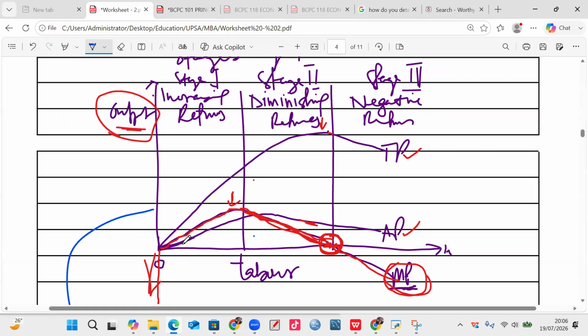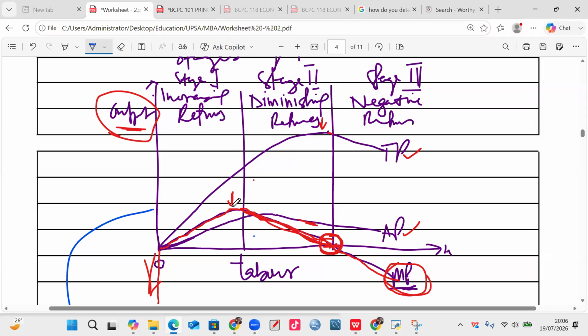So you see that in the first stage, all the 3 curves, which are the total products, marginal products, and average products, they are all increasing. But marginal product reaches maximum and begins to fall. That is it. So you can see that in the first stage is when marginal product was bending, it was turning.